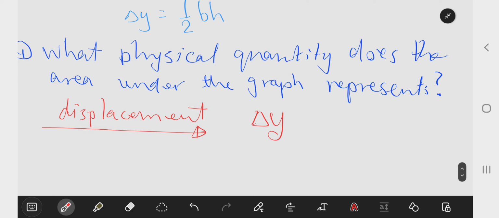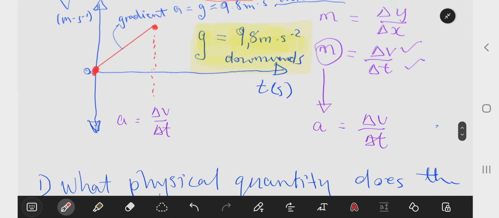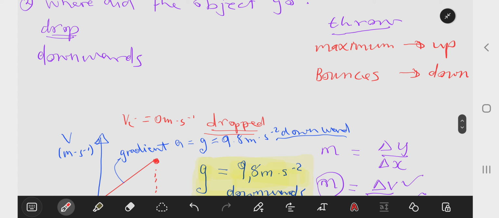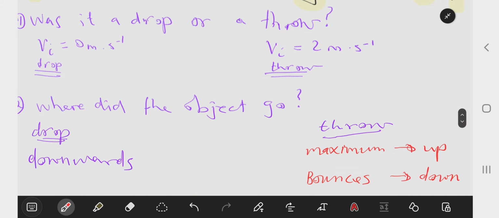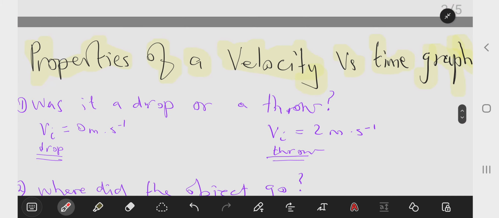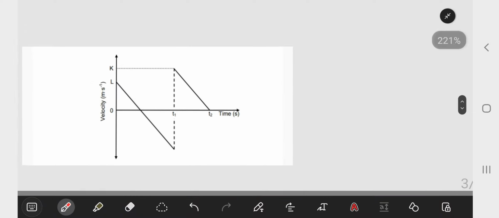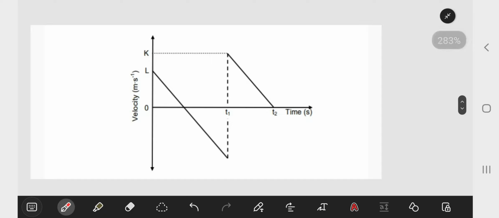All right, so we have explained the two properties that I wanted to explain in this video, and in the next video we're going to explain how to identify the direction which is chosen as positive. But before I end this video, I just want us to have some explanations on this velocity time graph.